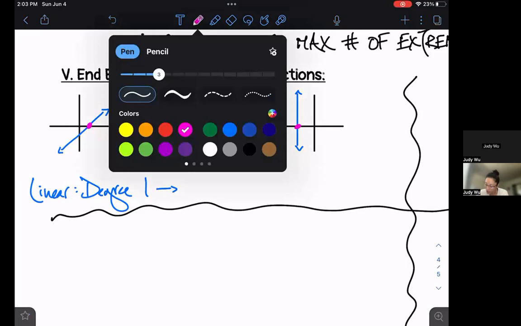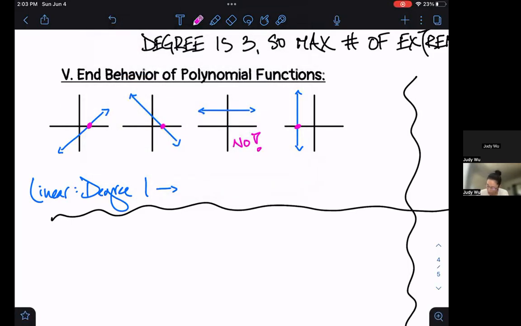And so when we're thinking about the number of x-intercepts, at most there is 1 x-intercept for linear, okay?